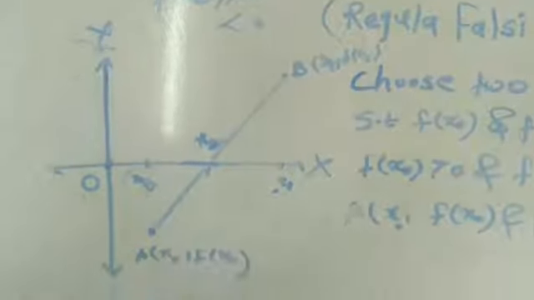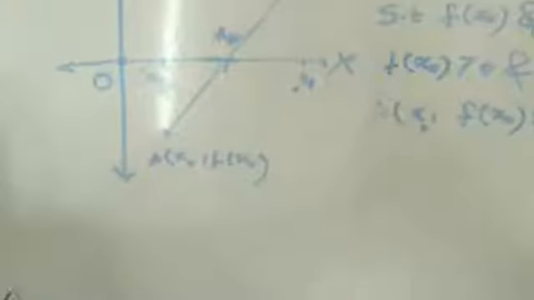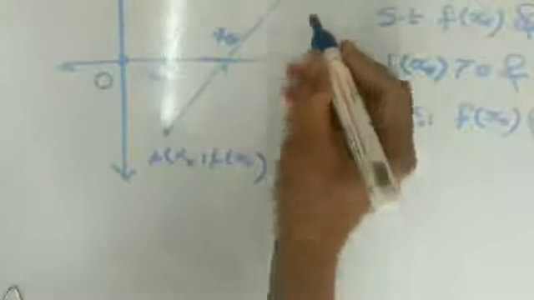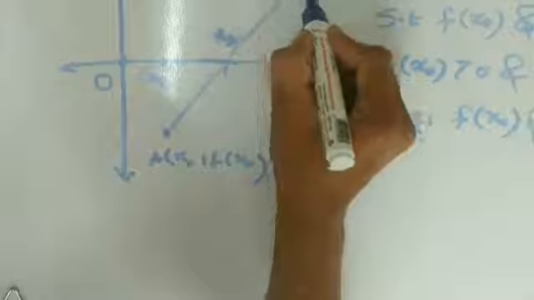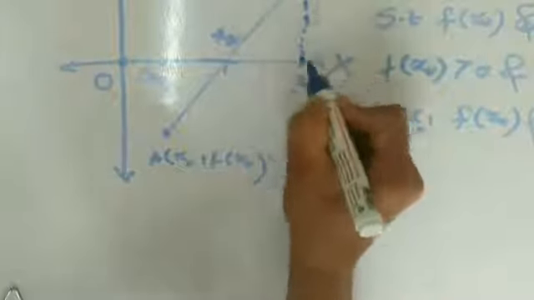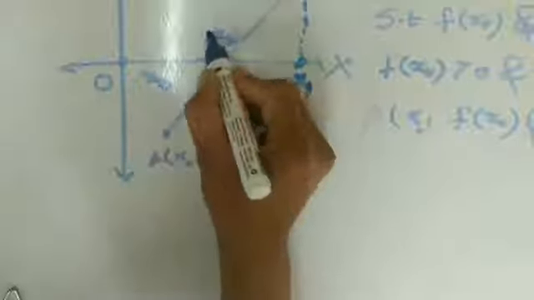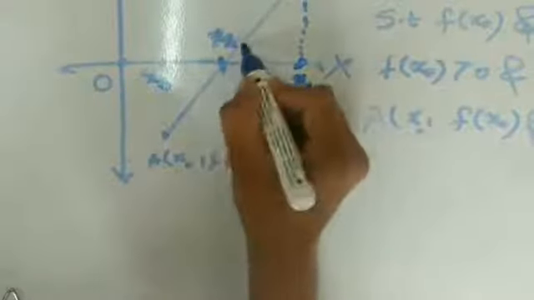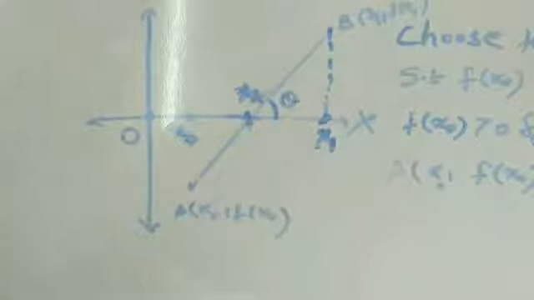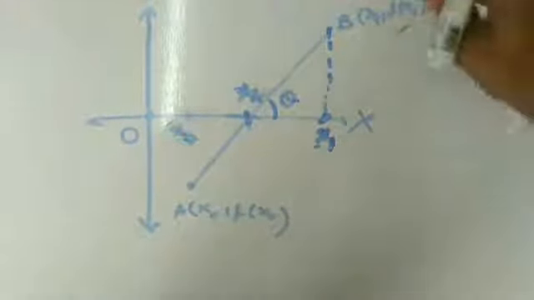So we find the formula for the regula falsi method. See here, we join this point. This is the x1 point, this is x0 point, and this is x2 point. We take an angle theta here, and we find the formula.